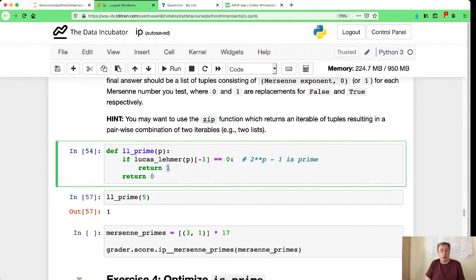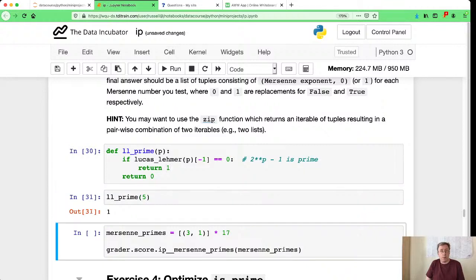So let me redefine this function. Lucas-Lehmer prime 5 returns 1, so 2 to the power 5 is 32, minus 1 is 31, and 31 is a prime number. So we return 1.